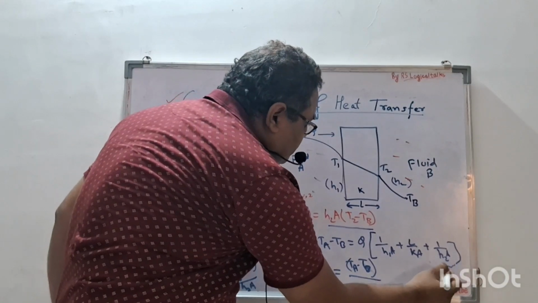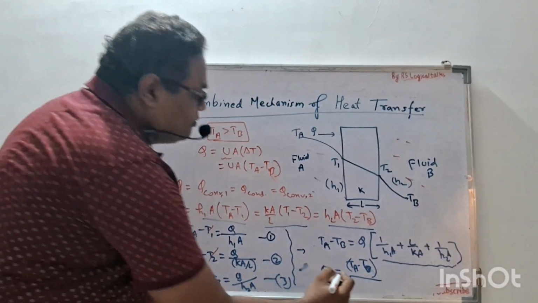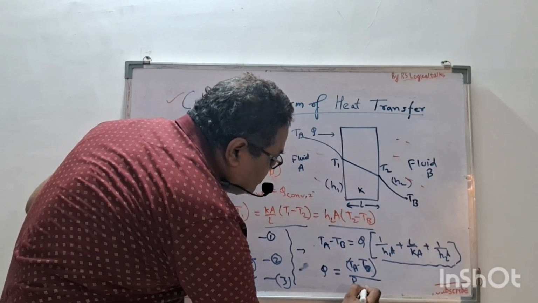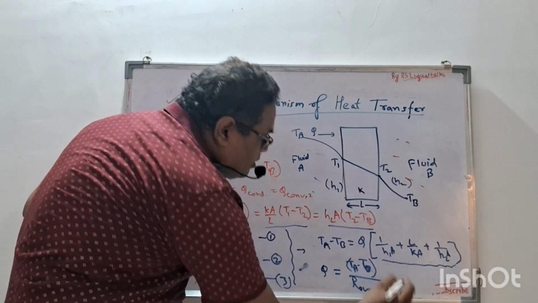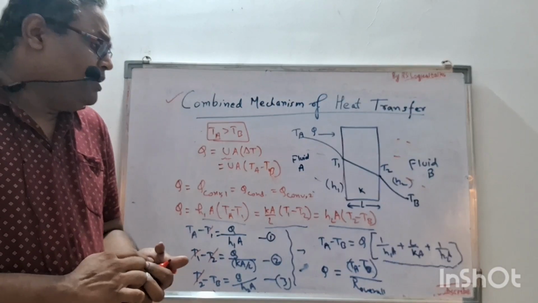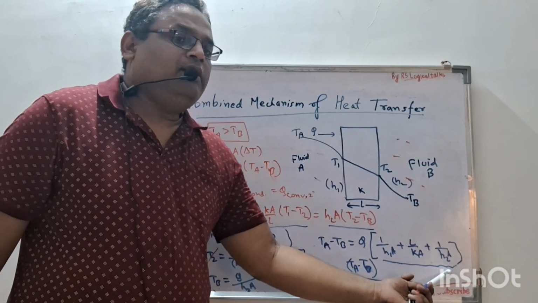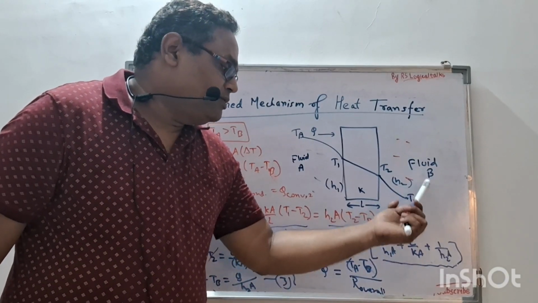This term can be written as the overall resistance. The overall resistance is the resistance of the convection effect, the resistance of the conduction effect, and the resistance of the convection effect of the second fluid.